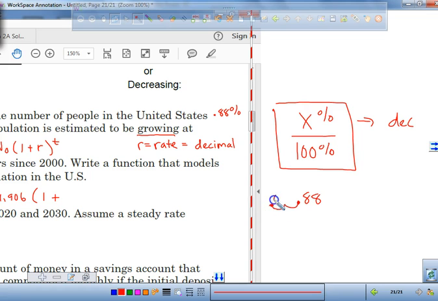Well, when I move the decimal over 2 places, I have 2 zeros in front of that 88. So your rate for this function is actually 0.0088. So we put plus 0.0088 raised to the power of t, where t equals years.